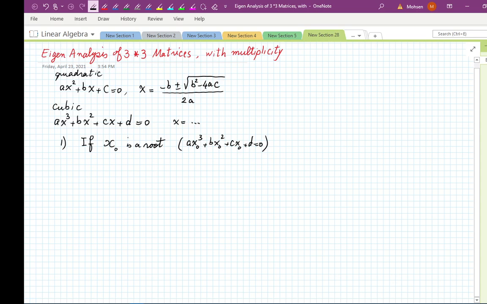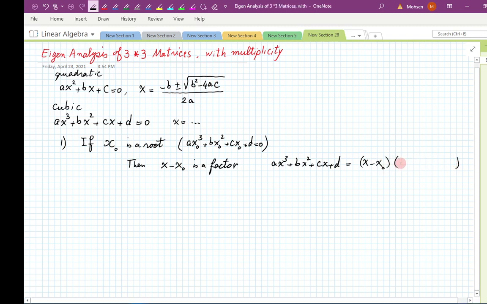The way we do that is by deflation. We say if it is a root, then x minus x0 is a factor, which means whatever polynomial that you have, doesn't have to be cubic, can be anything, it factors to x minus x0 times some polynomial, which is going to be a degree less than what this one is.